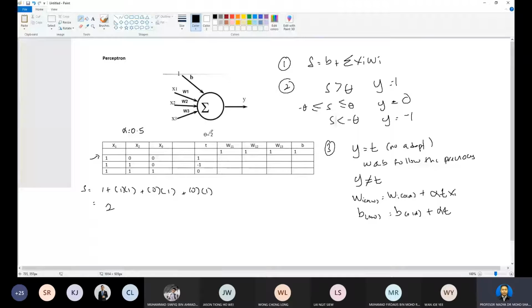Then compare with the threshold. Y equals 0 because of the range.